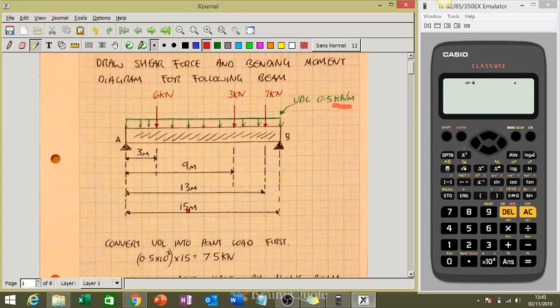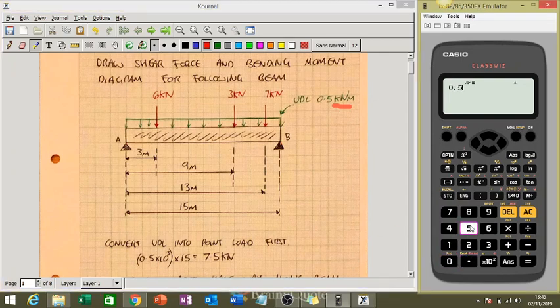In this case, it's 15 meters and 0.5 kilonewton per meter, so 0.5 times 15 gives us 7.5 kilonewtons.